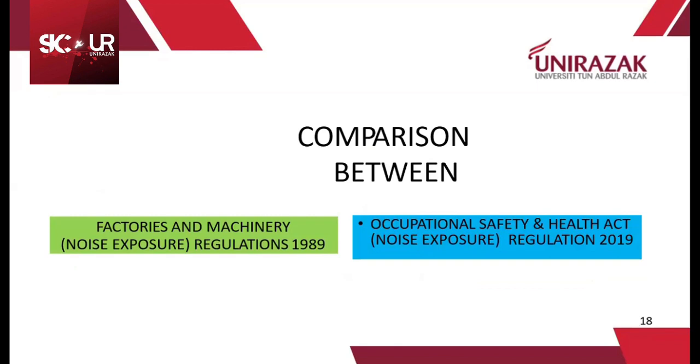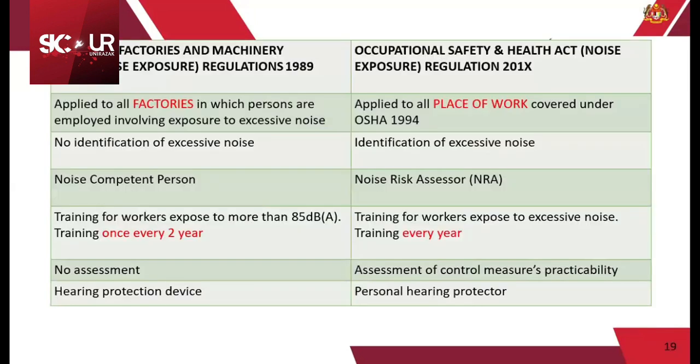Comparison between FMA and Machinery Noise Exposure Regulation 1989 dan juga Occupational Safety and Health Noise Exposure Regulation 2019. So ada perbezaan di antara FMA 1989 dan juga Regulation 2019.